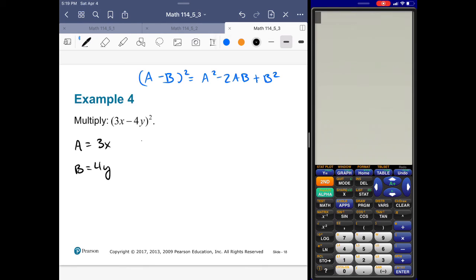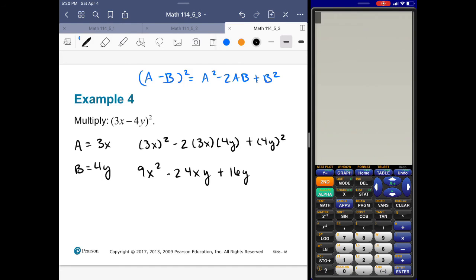So I have 3x squared minus 2 times 3x times 4y plus 4y squared. So 3 squared is 9. x squared is still x squared. 2 times 3 is 6, times 4 is 24. Negative 24xy plus 16y squared.